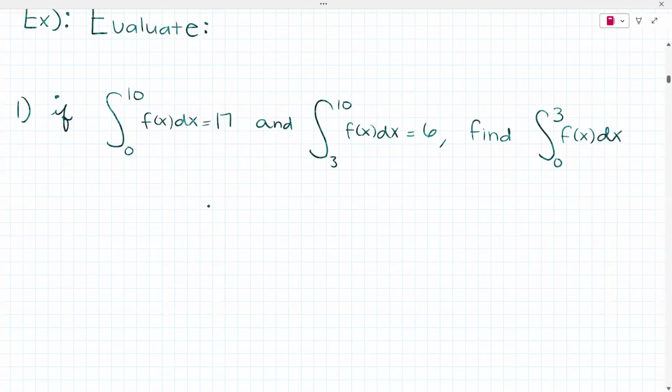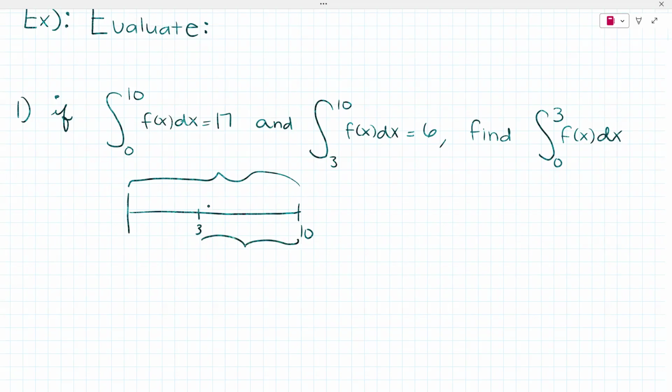But maybe if we drew the boundaries on a number line, our smallest boundary is 0 and our upper boundary is 10. We have to find the entire integration from 0 to 10, right? That's what we want to find. But they're saying that the integration from 3 to 10 is 6. Let's say here's 3. So this entire length is 6.